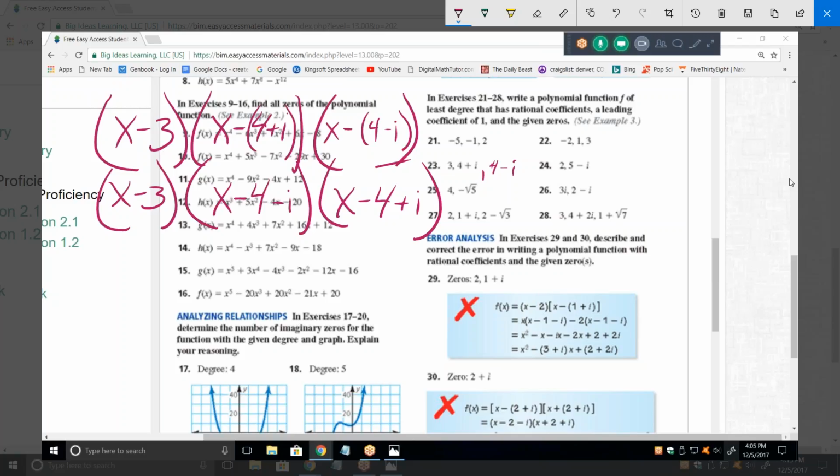So x squared minus 4x minus xi. Plus xi. Sorry.